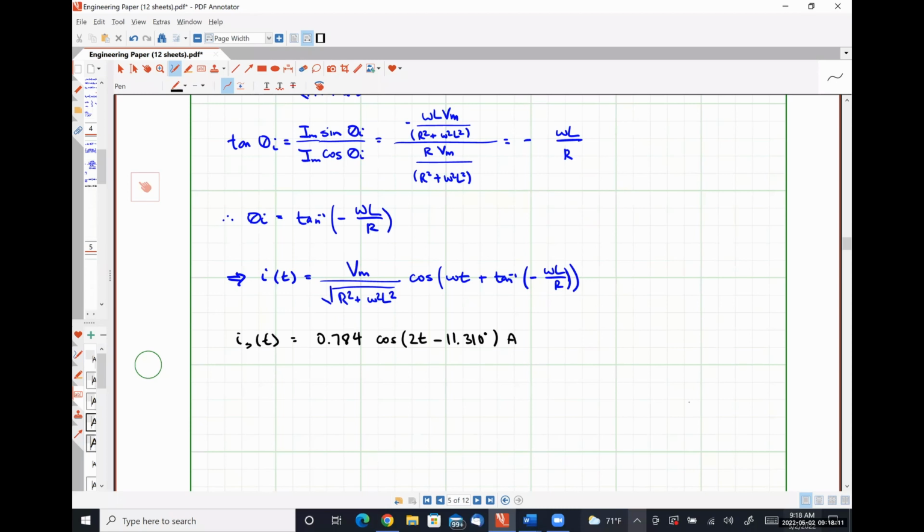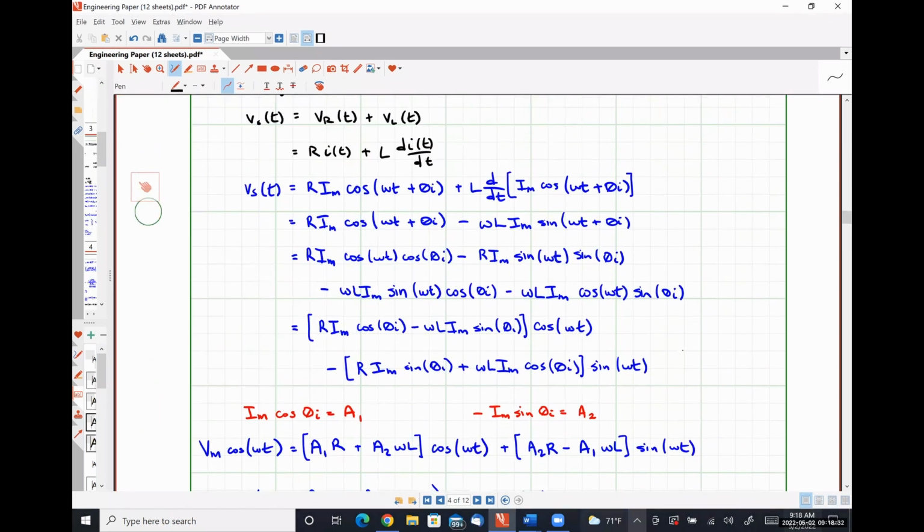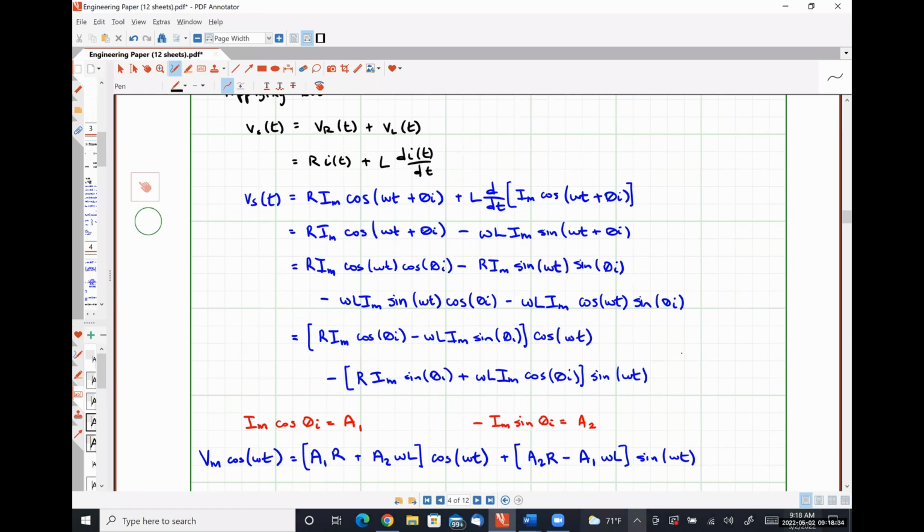Now, some of you, none of you today, but in the past, some of you asked after we did all this, well, if we're gonna do all this stuff in the time domain, why did we bother learning all that complex number junk in our last class? So what I would like for you guys to do is, let's see if we can go to an intermediate step here that would require a lot less work.